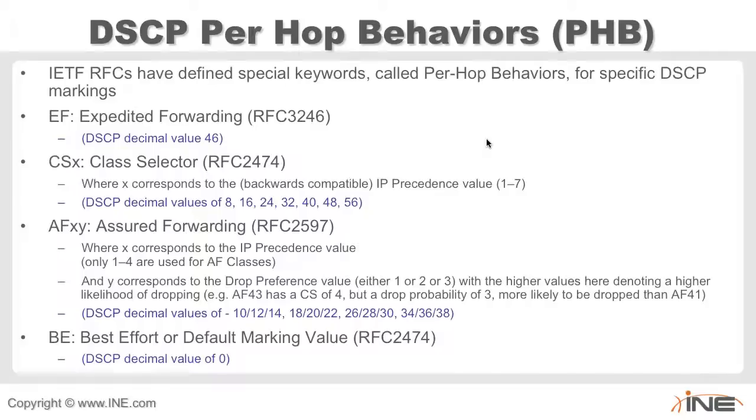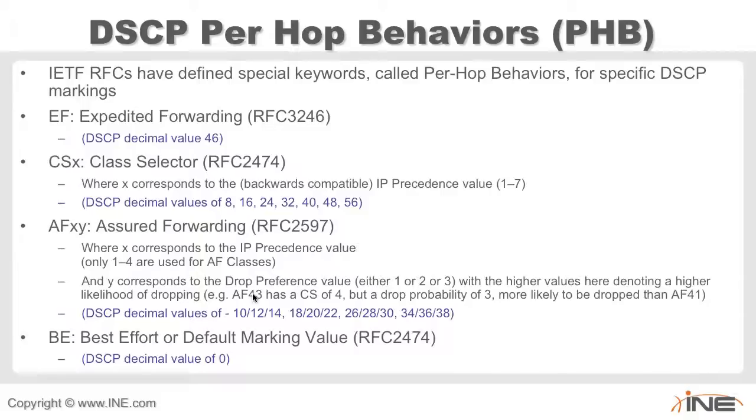If we want to follow the standard, it is what we have to do. But it doesn't mean that you have to configure it that way. You can configure AF43 to be the best type of traffic in your network. Again, it doesn't mean that's what you should do. So this isn't something that's automatic. This is something that we have to configure.